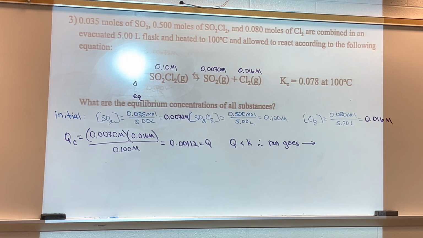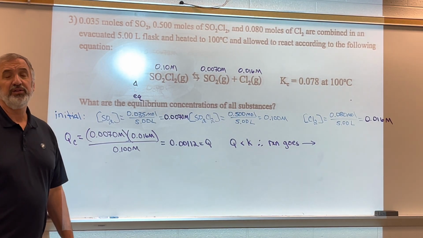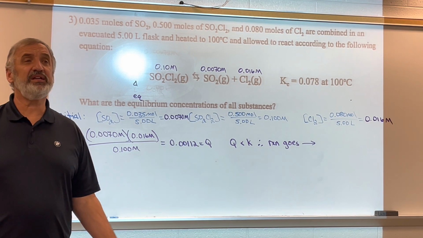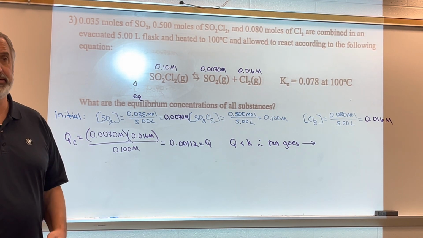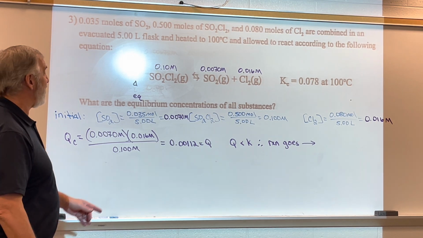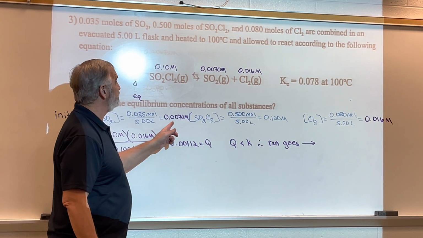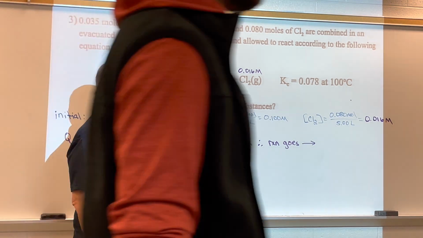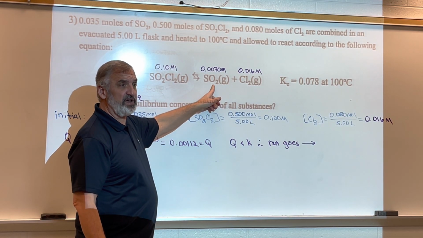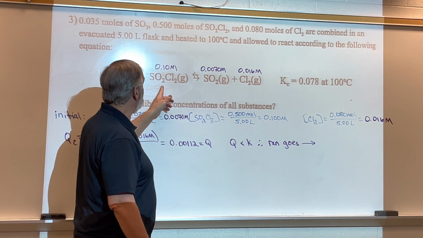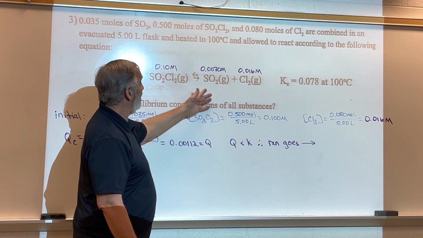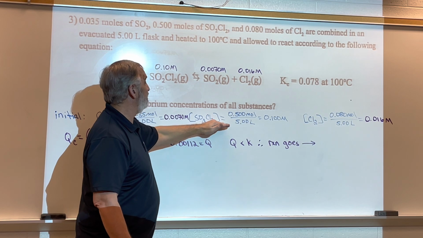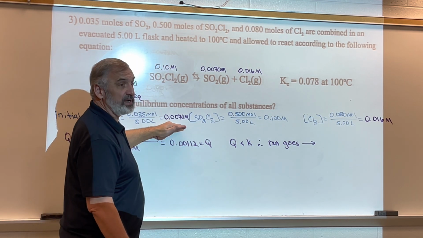So the hardest part is finding Q. Okay, now listen, I made a mistake. The way you can keep from doing what I did is, as you solve for the concentration, put it above the substance that you're finding it for. Because they didn't go left to right with their information, I messed up because I put these two as products and this one as a reactant.